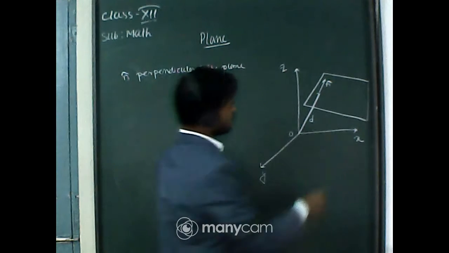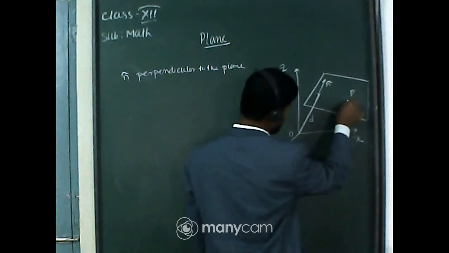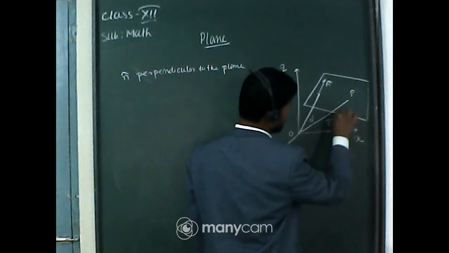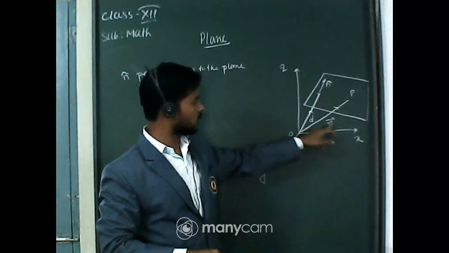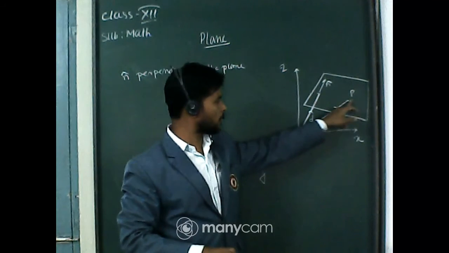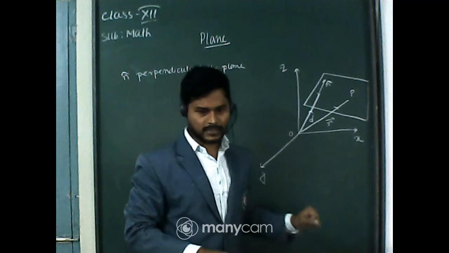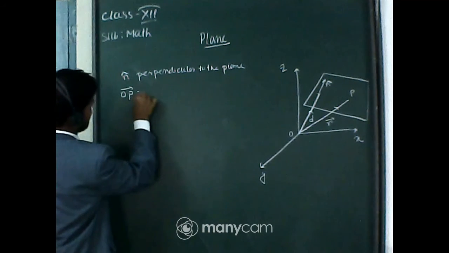Now we are considering any arbitrary point P here, whose position vector with respect to the origin is r. That means our OP vector is equal to r vector.